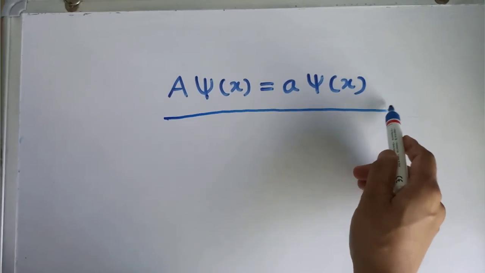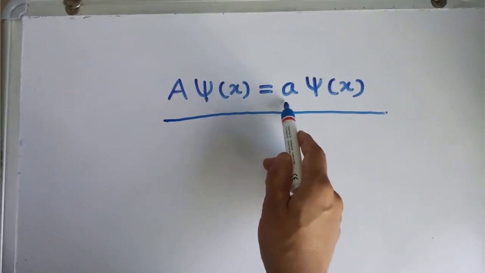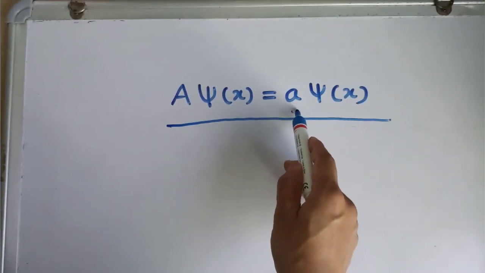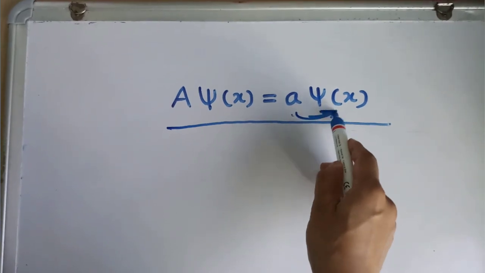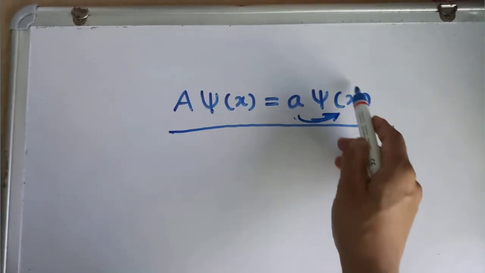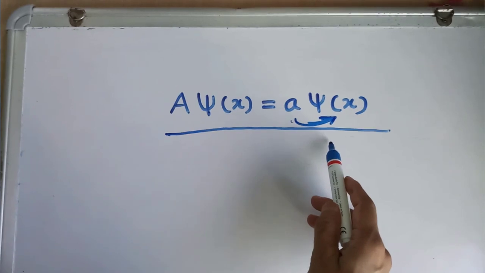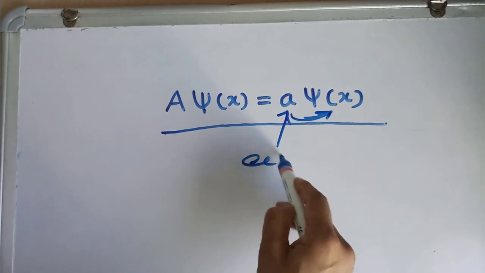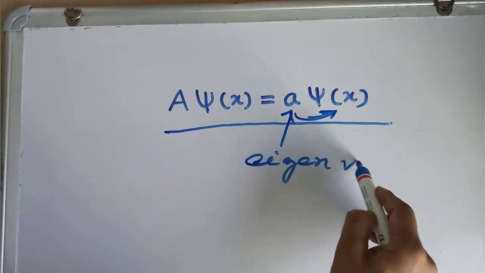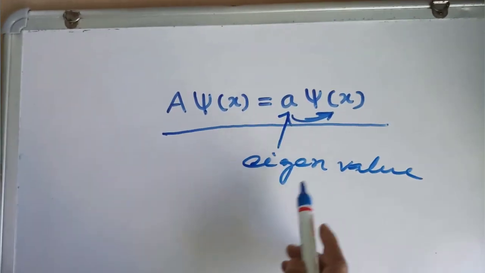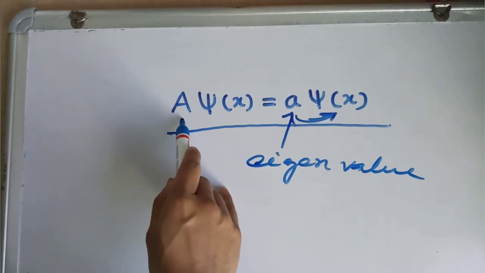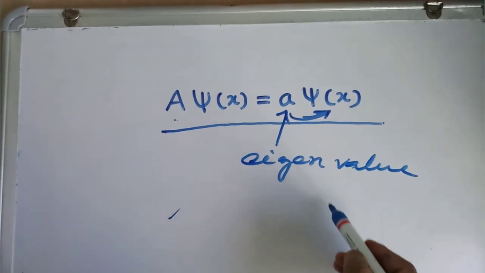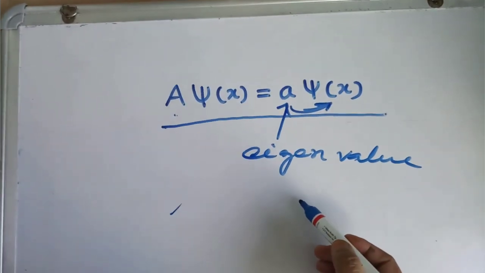And here the constant a is not an arbitrary one, it is a peculiar one. Peculiar means it is associated with this eigenfunction. You cannot take it arbitrarily, and so it is named the eigenvalue. That means whenever the operator A operates on different kinds of functions, your eigenvalue will be different.